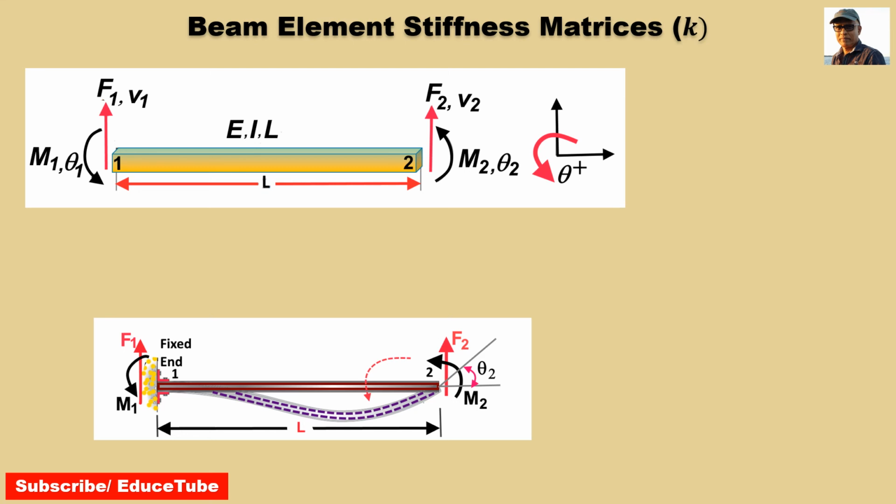Here also we are at node 2 of the beam, and here our arbitrary value theta 2 will be 1, all others will be 0, because this is our last one for getting the fourth column of the stiffness matrix.